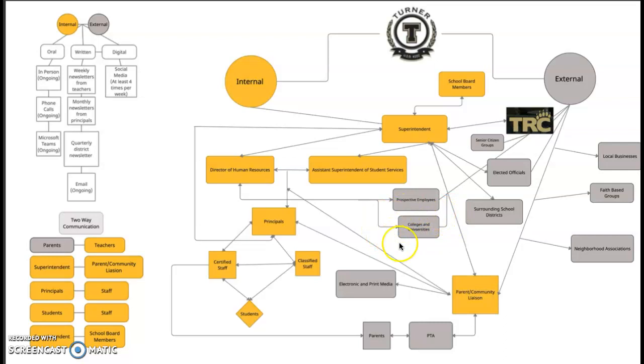The colleges and universities, that goes both ways. We connect with colleges and universities to get student teachers and practicum students into our school district, so we can get a feel for those students and get our name out there to them. As a small school district, sometimes you need to get your name out so that you can get the highest quality candidates coming to apply in your district.